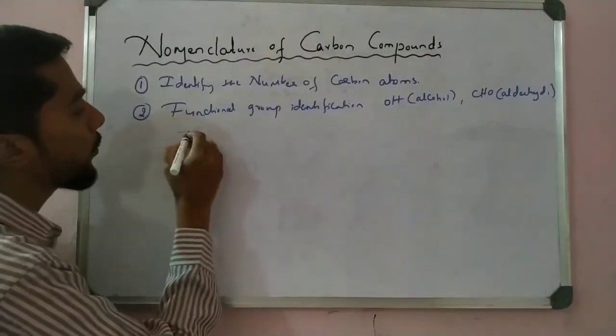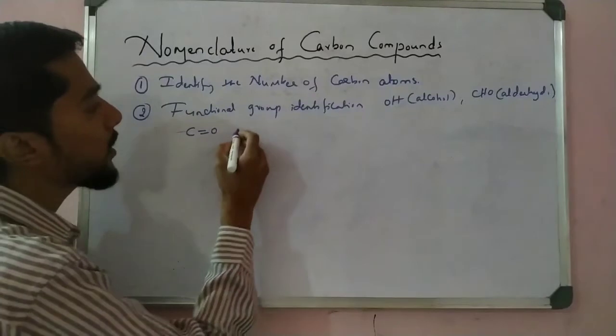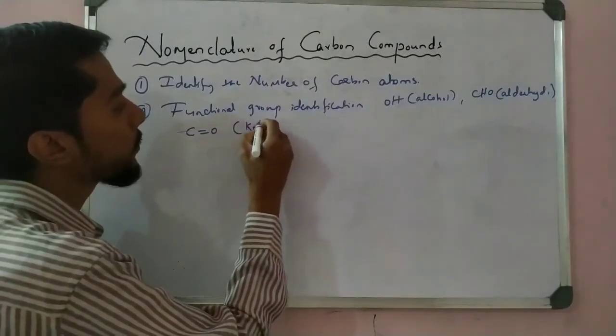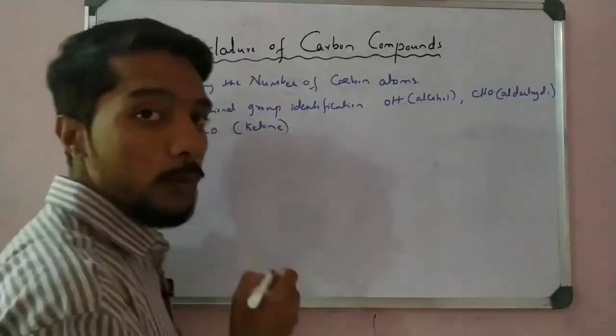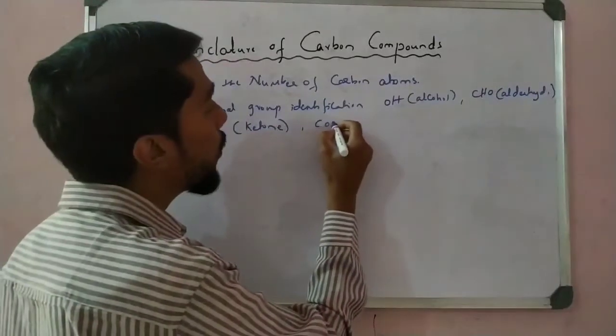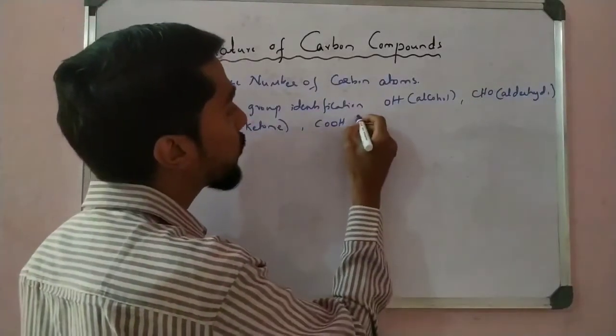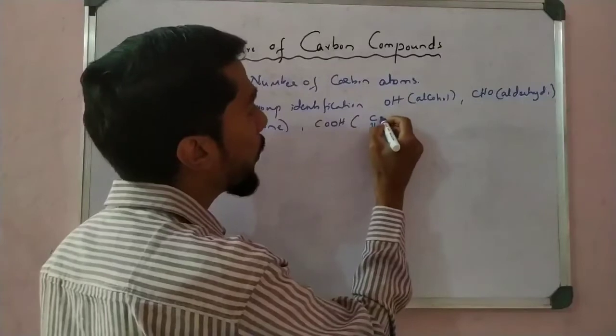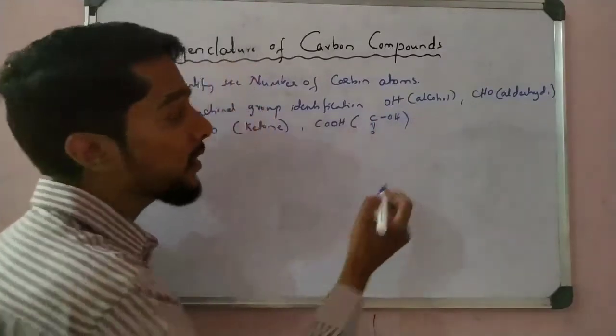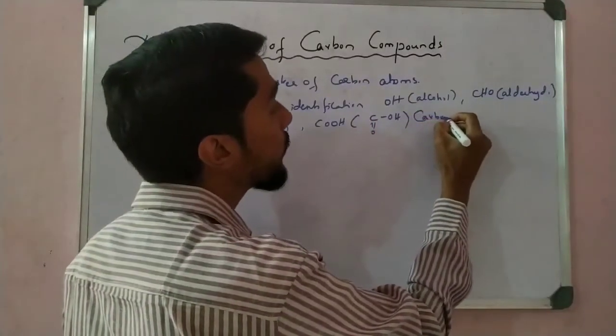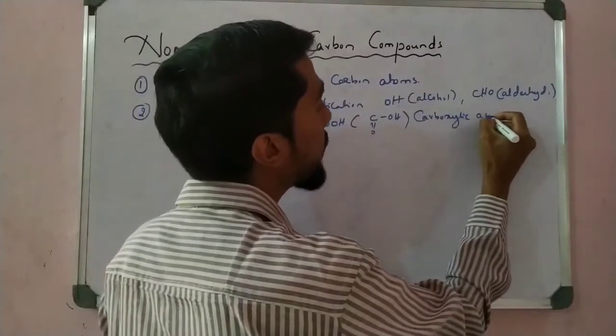C double bond O is for ketone. COOH, or C double bond OH, is called a carboxylic acid.